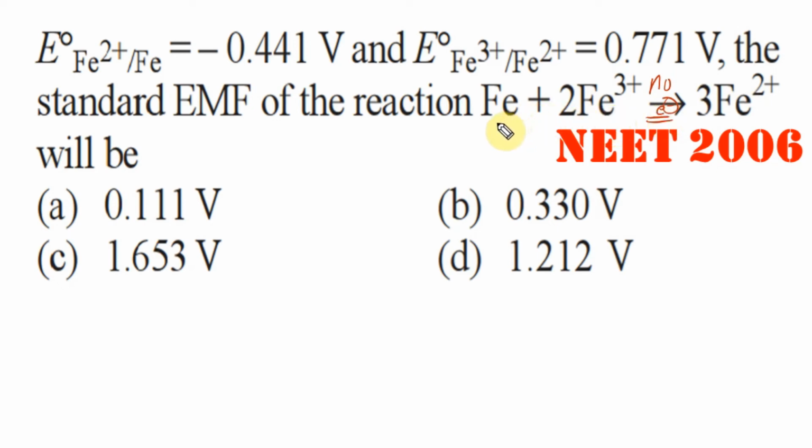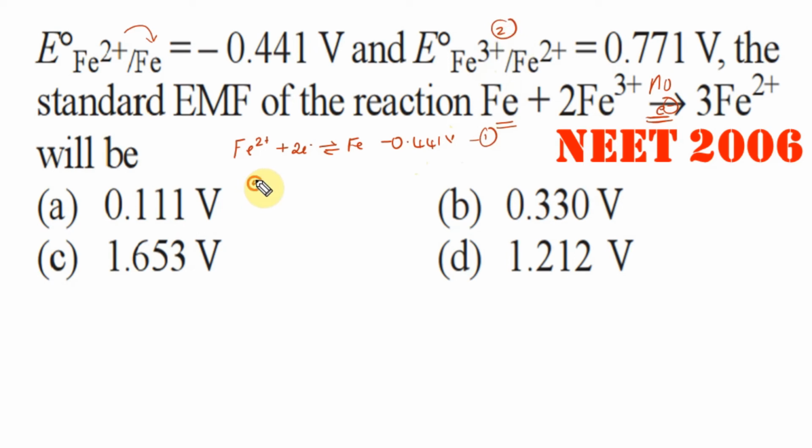Now what I need to do is have Fe on the left side. Here, this is the reduction potential: Fe2+ plus 2 electrons gives you Fe, with minus 0.441. But I want Fe on the left side, so let's call this equation 1. I have to flip it. This is Fe3+ on the left side, so this is equation 2.